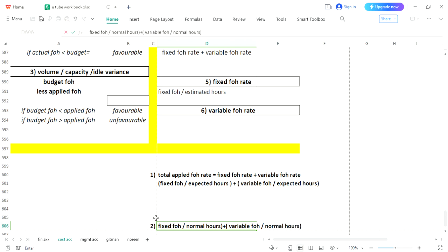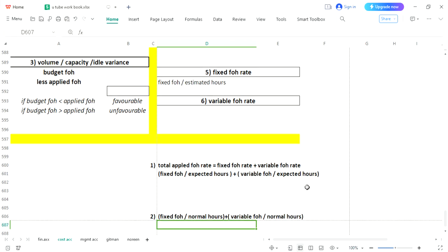In this way you can calculate two rates. Both formulas have been written, and we are supposed to calculate these rates according to expected hours and according to normal hours. Have you understood these things? Same formulas are written which we used to have over here.